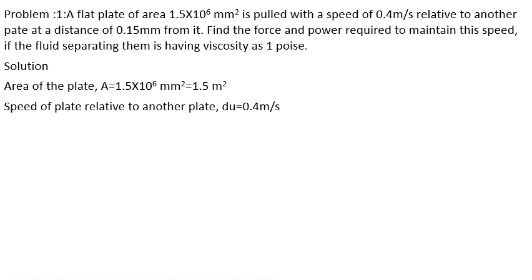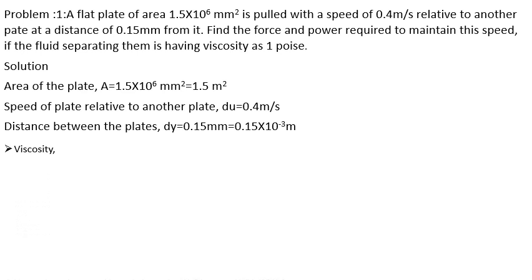That is the speed of the plate relative to another plate, that is du equals 0.4 meter per second. The distance between the plates, a small distance, dy equals 0.15 millimeter, equals 0.15 into 10 to the power minus 3 meter.